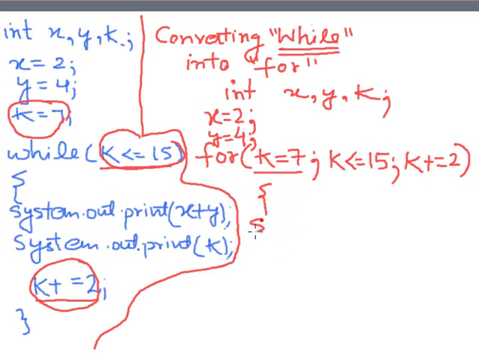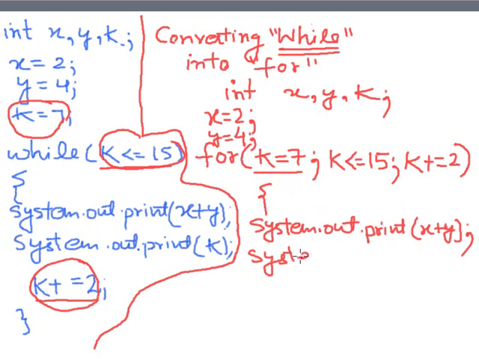So we shall write System.out.print, and simply as it is, there will not be any change. The first statement is System.out.print, and we are writing here k.